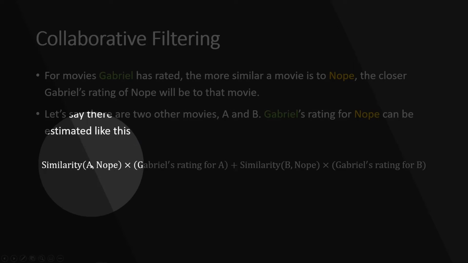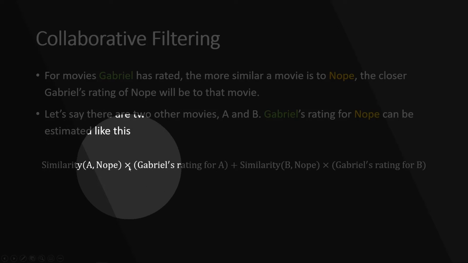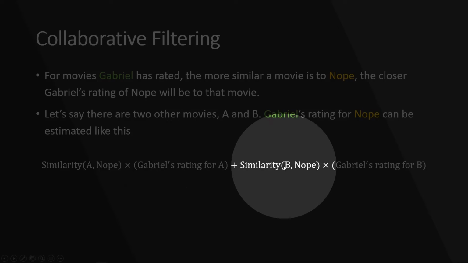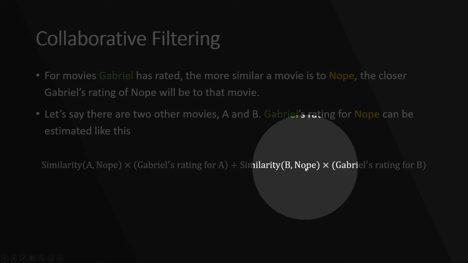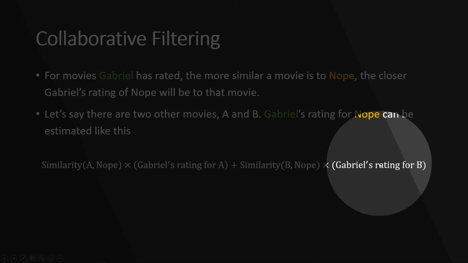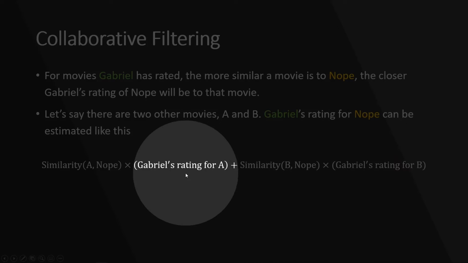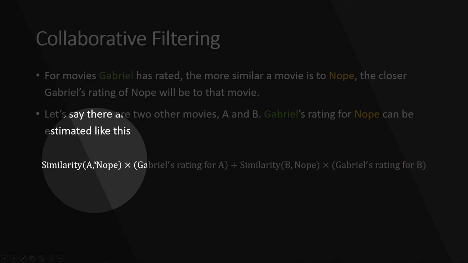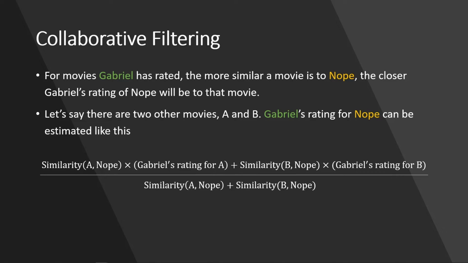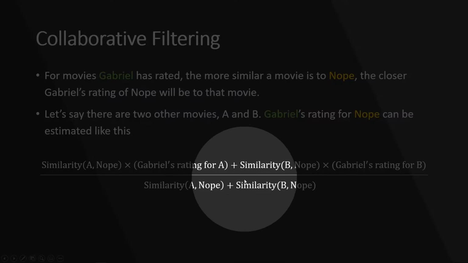We take the similarity of A to Nope multiplied by Gabrielle's rating for A, which we already know, and the similarity between movie B and Nope multiplied by Gabrielle's rating for B, which we also already know. Then we add this up. And since we have put in those two weights, we just have to normalize this number, divide the whole thing by the sum of the two similarities.